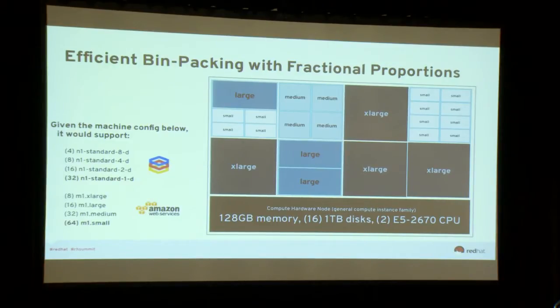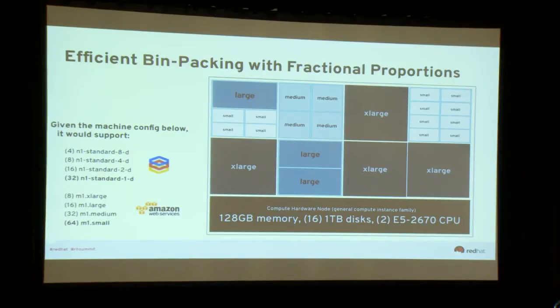So going back to the difference in the requests, as an elastic cloud provider using something like OpenStack, this is the menu that you present to your tenants. You say to your tenant, hey, this could be general compute small, large, extra large, et cetera. And this is what you provide to your tenants.